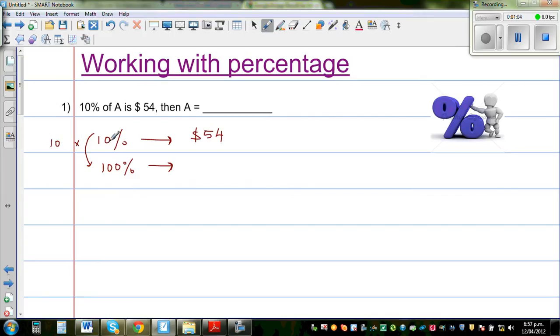So from 10, if you want to find 100%, you have to make this 10 times bigger. You do the same thing to this number. So if you make this 10 times bigger, it's $540. In other words, the answer is 540, or 10% of 540 is 54.